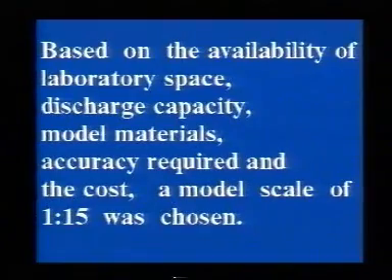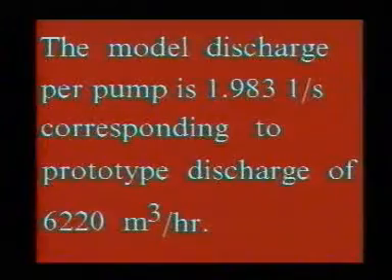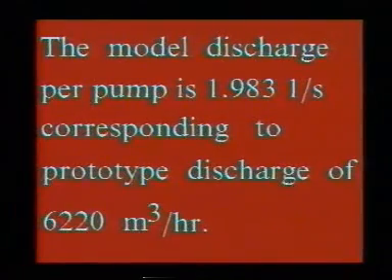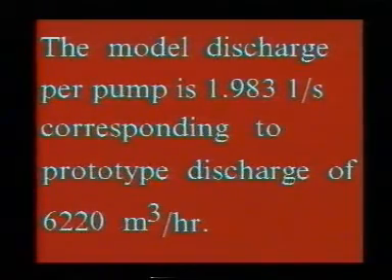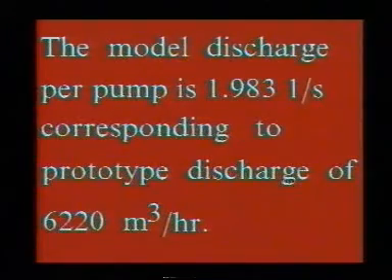Based on the availability of laboratory space, discharge capacity, model materials, accuracy required, and the cost, a model scale of 1:15 was chosen. The model discharge per pump is 1.983 liter per second, corresponding to prototype discharge of 6,220 meter cube per hour.